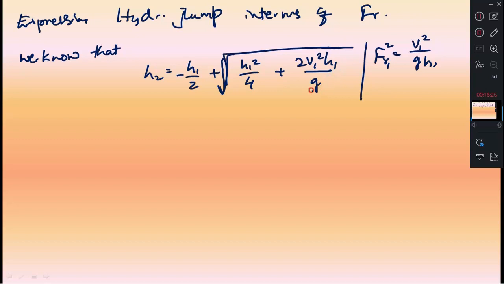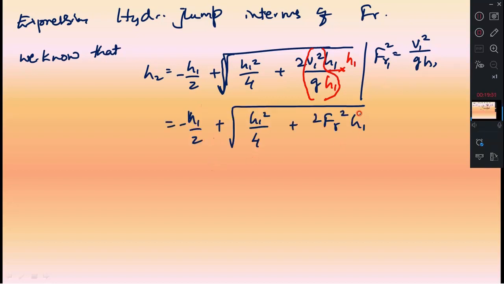H1 is not there here. Therefore, I will make some alteration. I multiply and divide by H1. Nothing changed. Now look at here, this is V1 square by G H1. Then I can write Fr square, this way, H1 square.